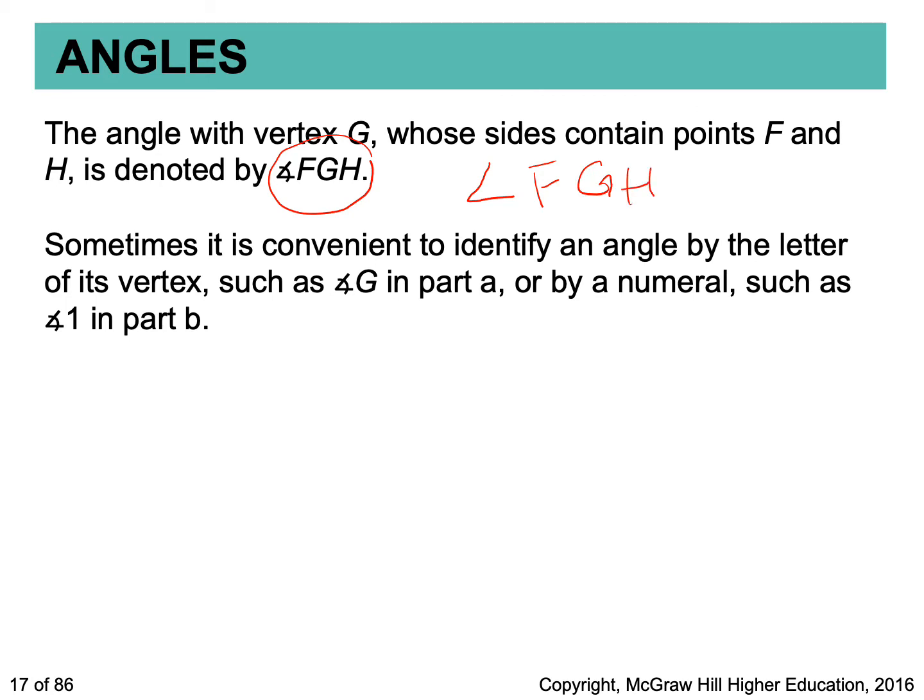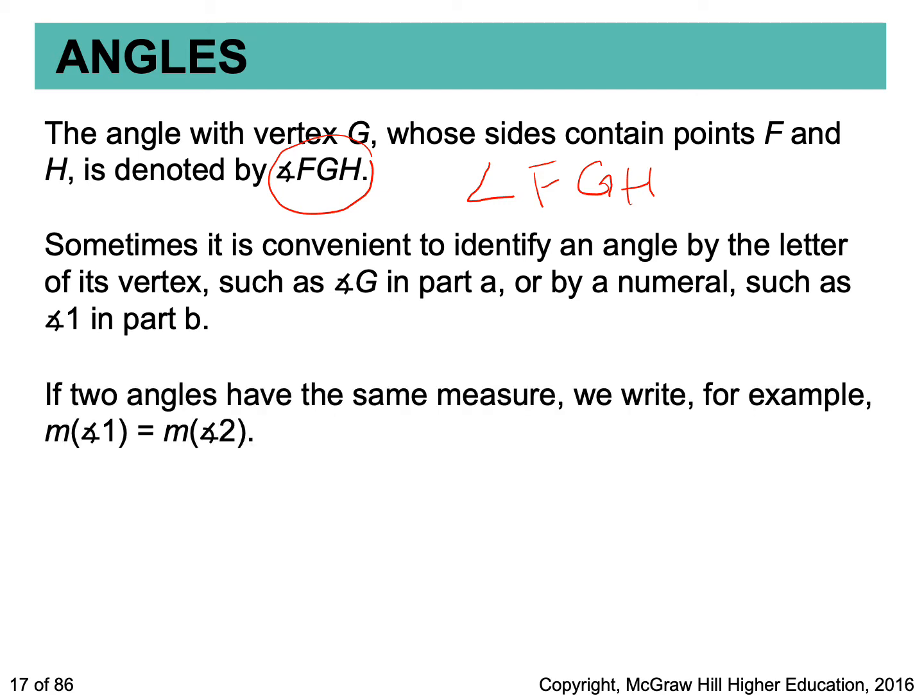In other words, you don't have to have that little arc inside to write notation for angles. And you can name angles by numbers or by 3 letters or just by the vertex.